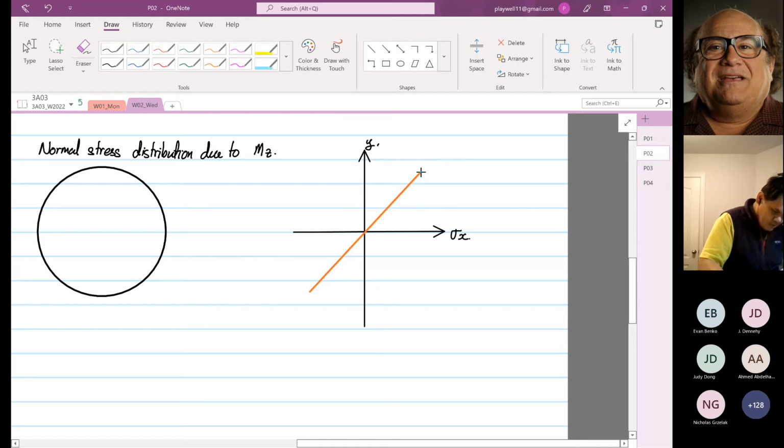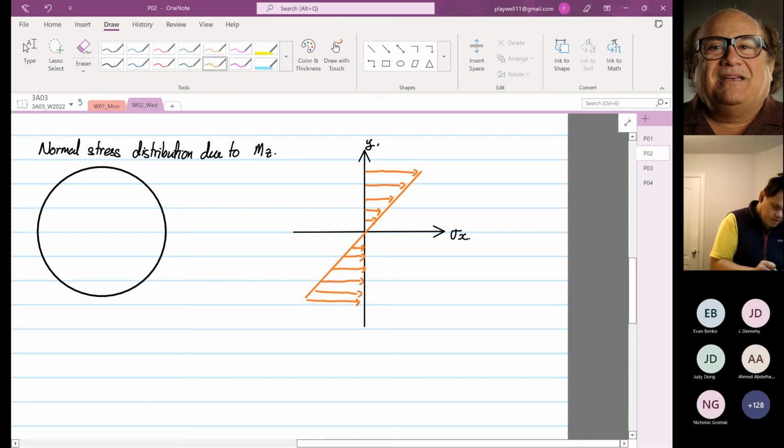So this is the normal stress distribution. At the top will be in tensile, the material pushing upwards. At the bottom, you'll be going into compression. Don't worry about sketching yet.